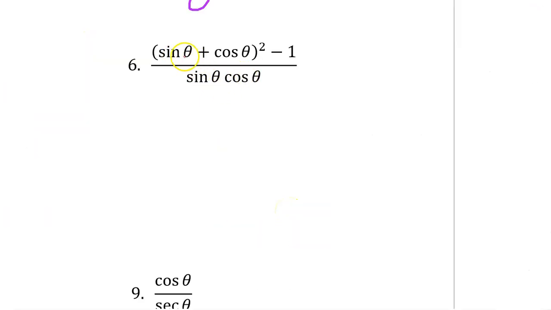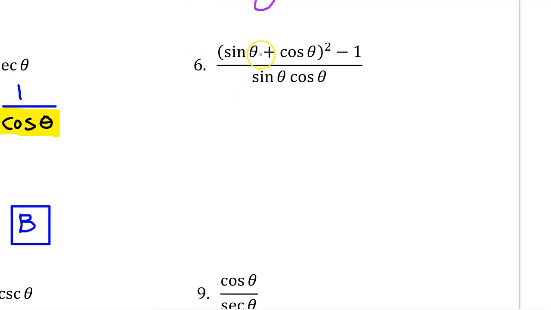In number 6, be careful not to think you can cancel out the sine or the cosine. Because of the addition and subtraction that are happening in the numerator, you can't cancel out anything. Also, this binomial is being squared, so you can't cancel out from the inside of something that's being squared anyway. So let's expand this.